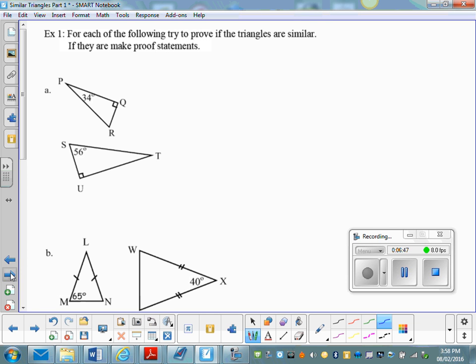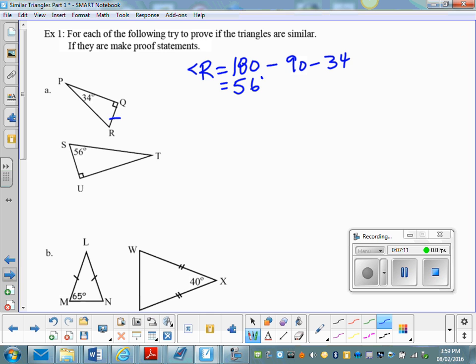Now, the 56 and the 34 are not equal to each other, but if I want to figure out what angle R is here, angle R is going to be equal to 180 minus 90 minus 34. And when I do that calculation, I get 56 degrees.